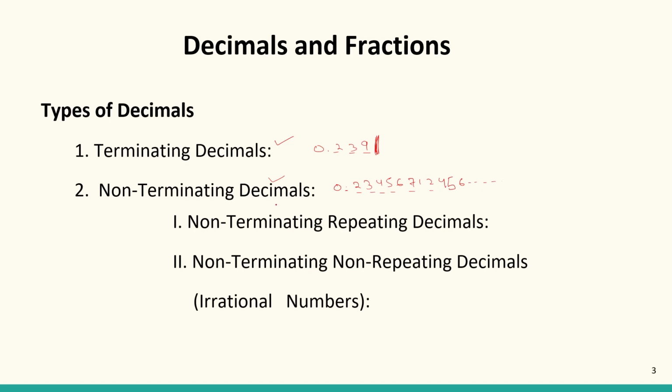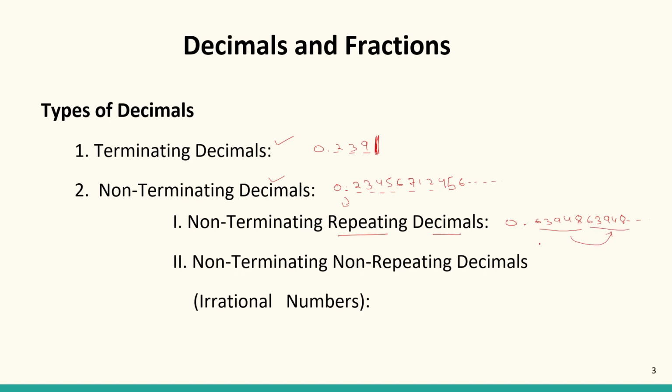This is further divided into two categories. First, non-terminating repeating decimals. In repeating decimals, after the decimal point we have a pattern, like 6 3 9 4 8, 6 3 9 4 8, and so on. Here you can see that the pattern 6 3 9 4 8 is repeated down here.